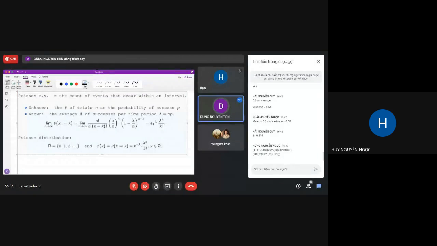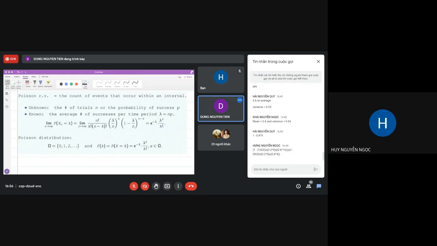So let's say a random variable X is said to be of a Poisson distribution with the parameter lambda if it has the following probability mass function: f of k equals e to the minus lambda times lambda to the k over k factorial.